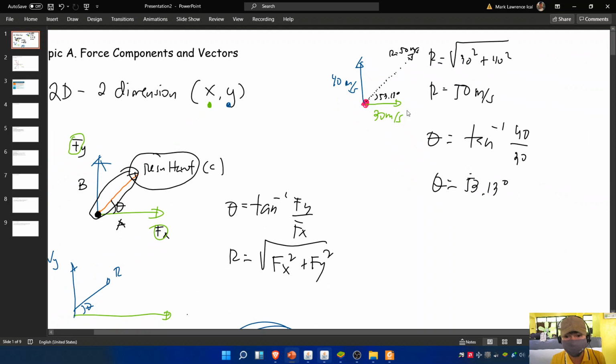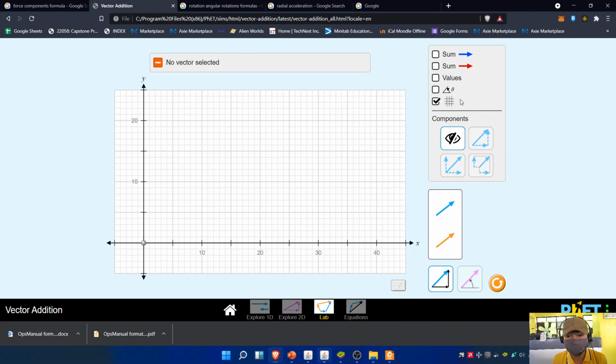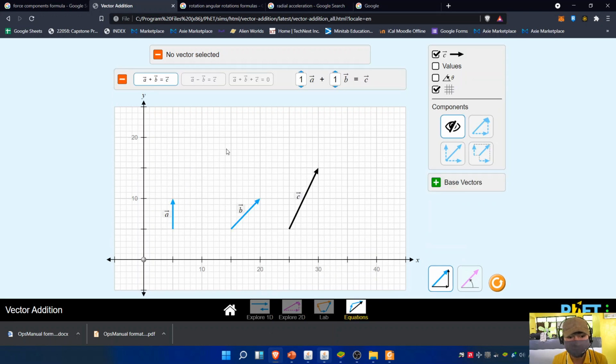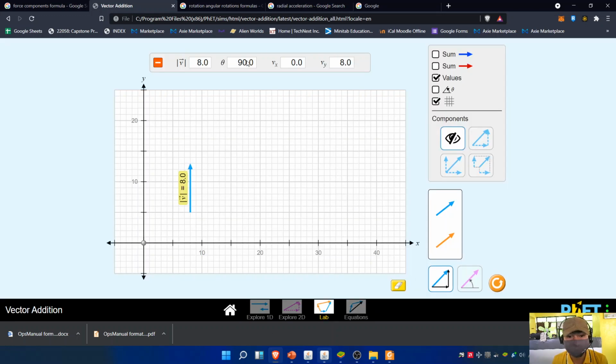So let's try to check this using a simulation. So we'll try to use this one. Okay, so let's say, how many is this one again? Ano ba? Ano mag-edit? Values. Paano ba to? Lab. Okay.